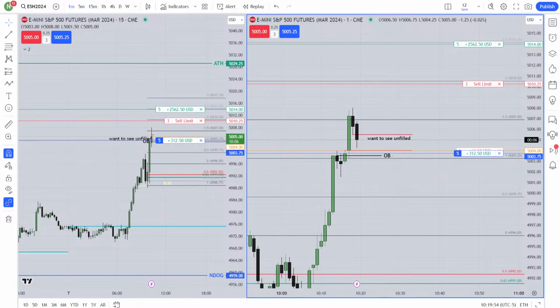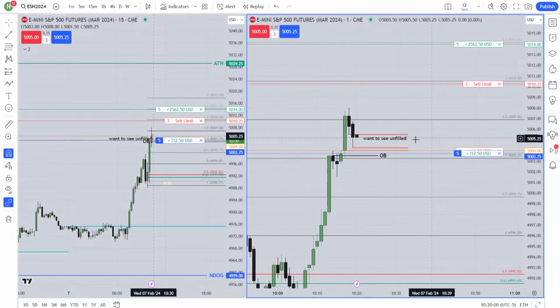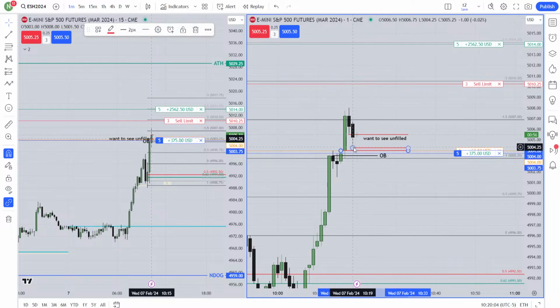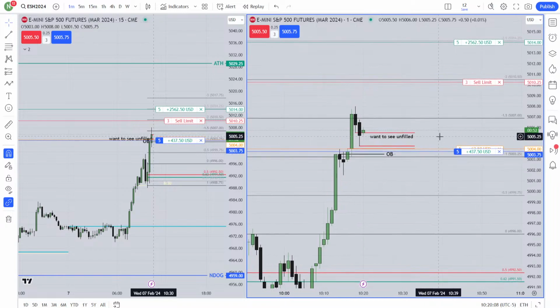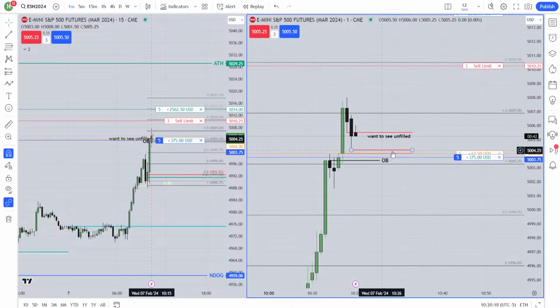I guess it's going to leave it open here. This portion should be open. This candle high, this candle low should be open that way. And I'm going to put my stop loss just below that low. And I'm believing that it is going to be open.